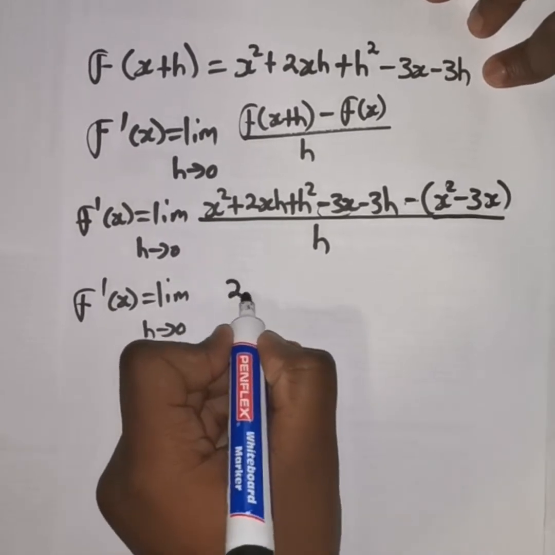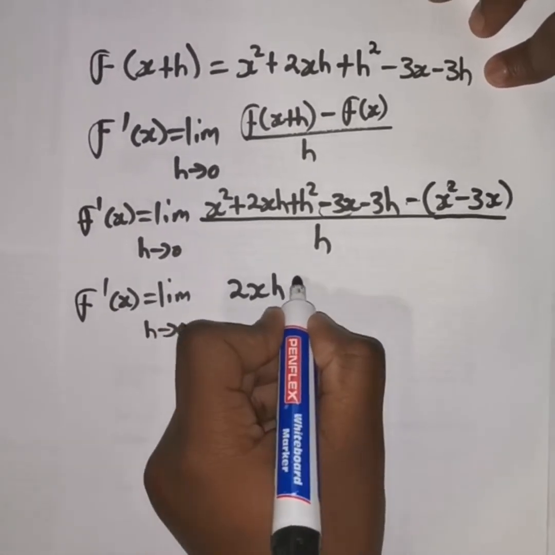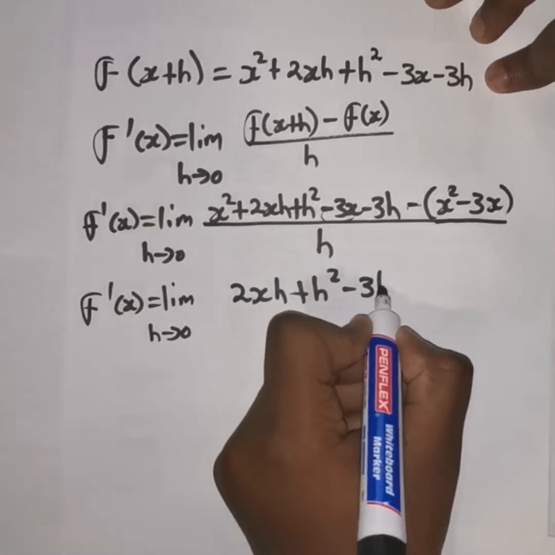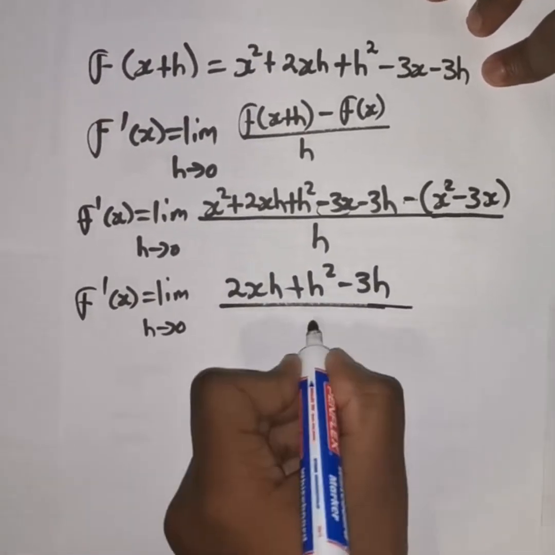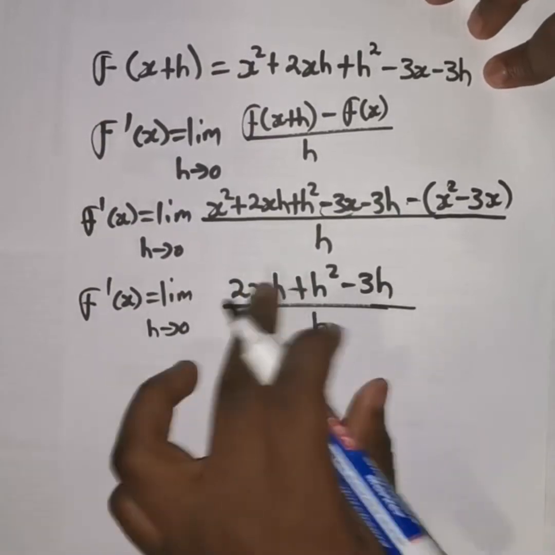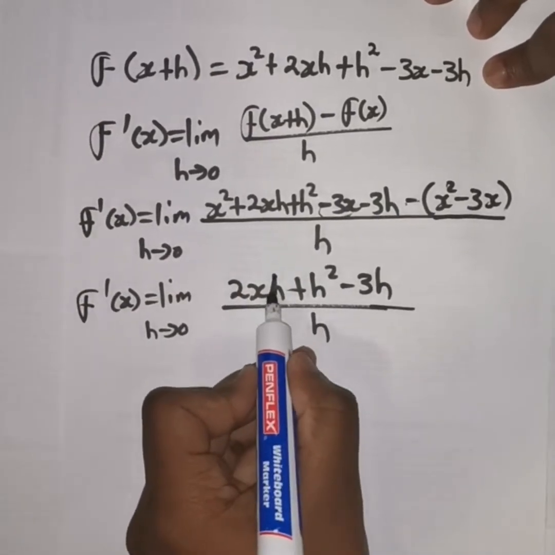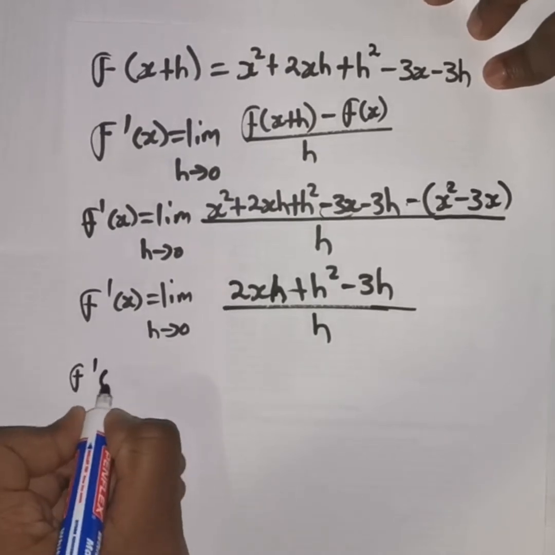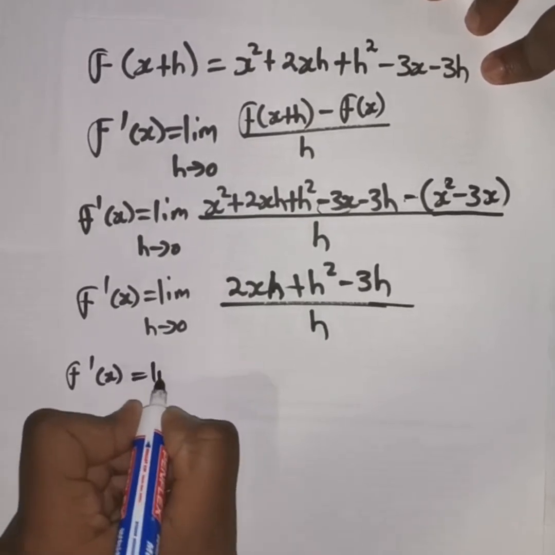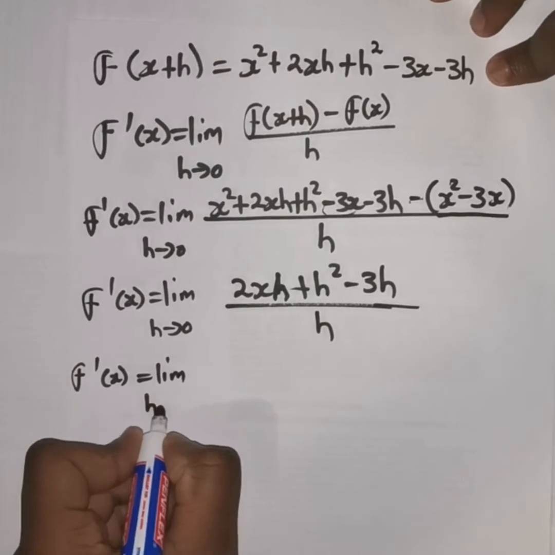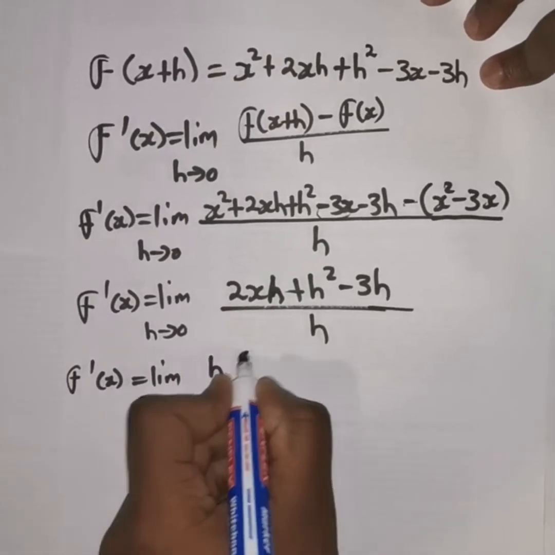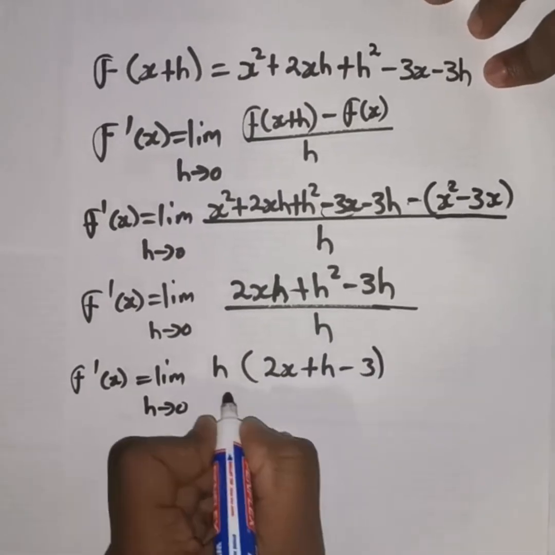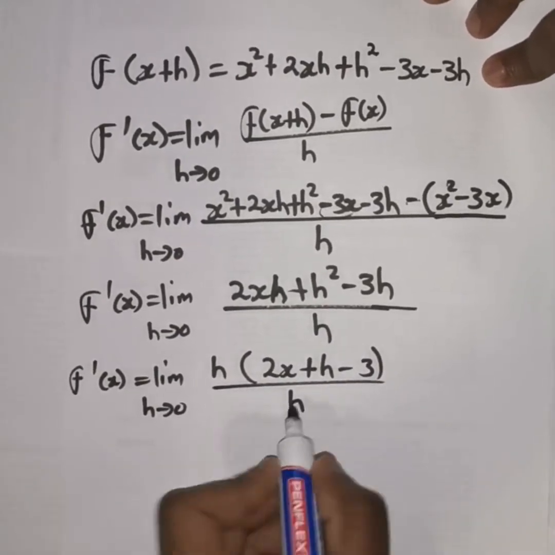Then we're going to be left with 2xh plus h squared minus 3h over h. I'm sure you can tell that we have h in common on both sides, so we can factor out the h. We all know factorization, of course.